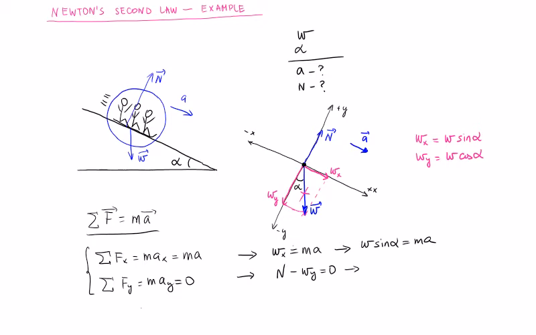From here, normal equals wy, which equals w cosine alpha. So it seems like we have an answer for normal now.